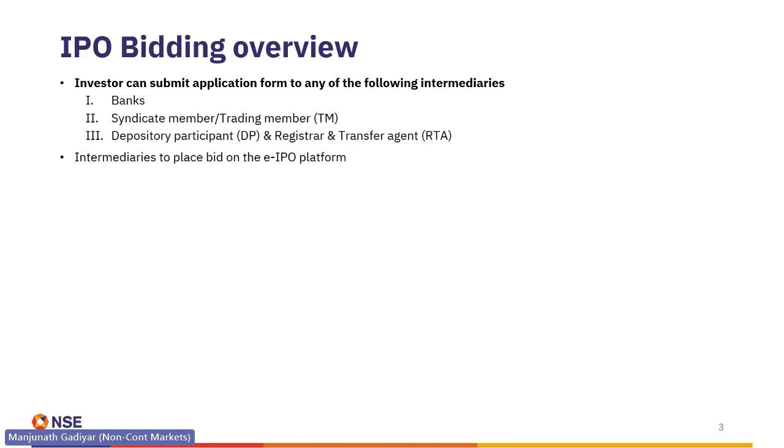Then there are syndicate members, better known as trading members or brokers, who can place the bid on the IPO platform. Then depository participants, registrar and transfer agents can also place the bids. But of course, the RTA for which the IPO is going on cannot place, but other RTAs can place.